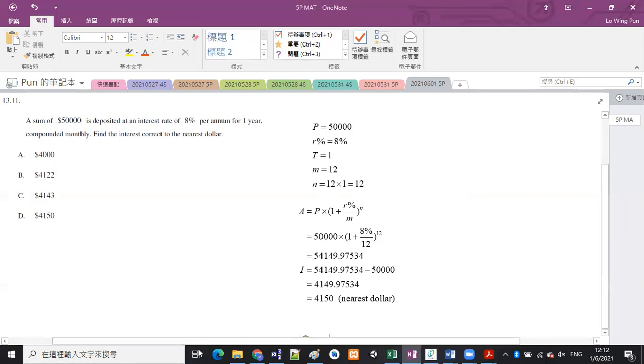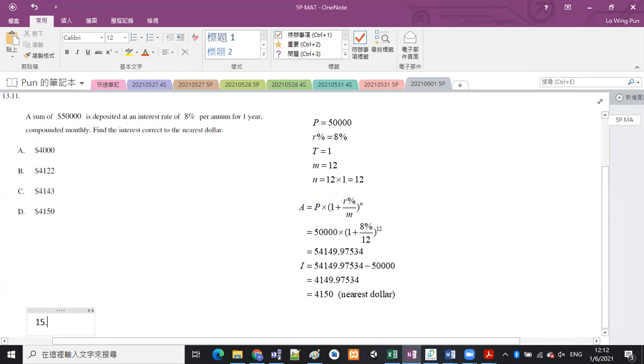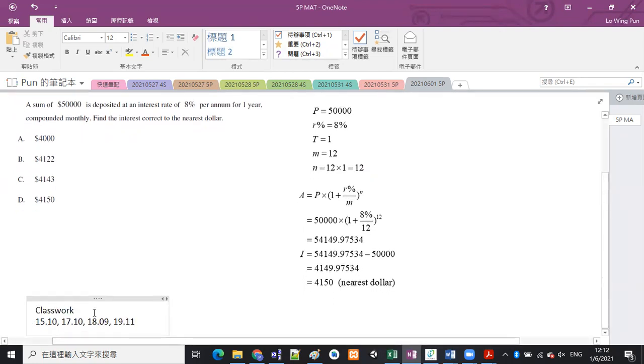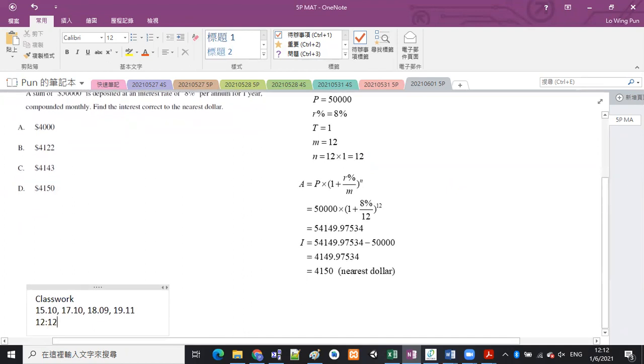Let's do all of them. Which one? So give you 8 minutes to do these 4 questions. All of them are about compound interest.